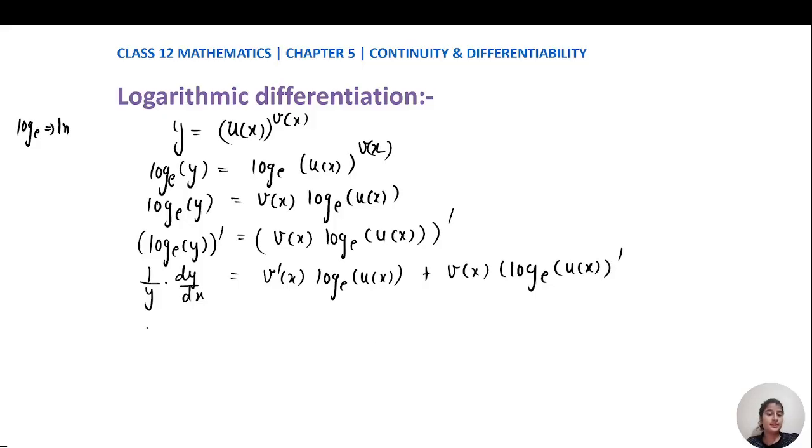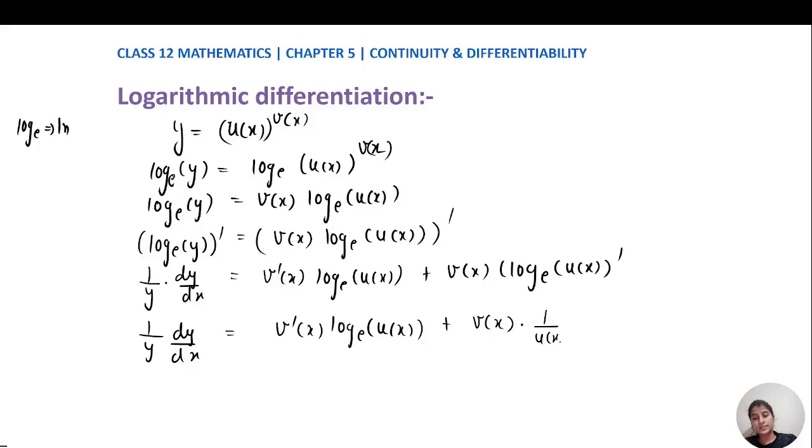So this will be 1 upon y dy by dx equals v dash of x log e of u of x plus v of x. Now differentiate by using the chain rule. First differentiate log u with respect to u itself, which will be 1 upon u of x. Then the derivative of u of x with respect to x is u dash.